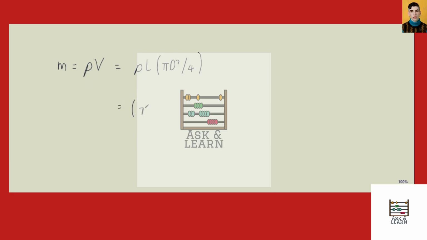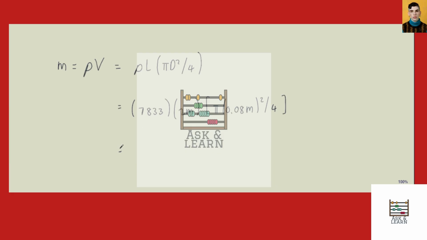So rho we said was 7,833, we'll suppress the units here, times the length of the rod is 2 meters, times its area of pi times 0.08 meters, the diameter, squared over 4.